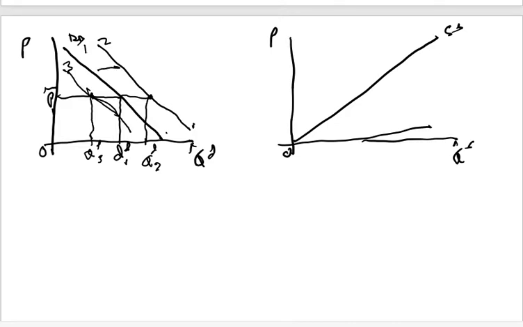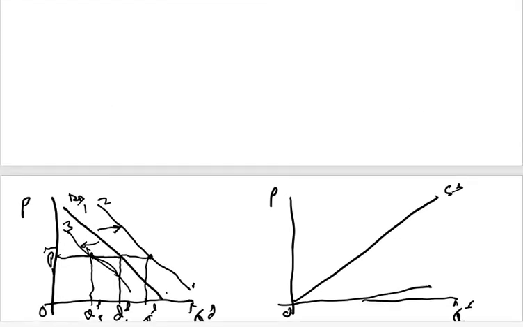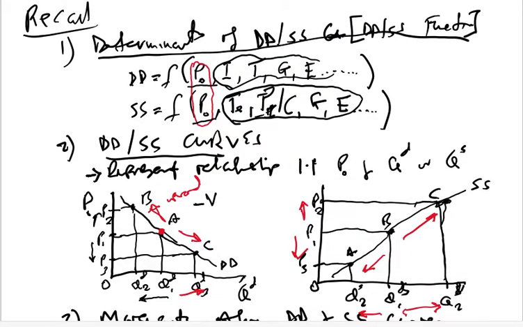We can call this a rightward shift, and we can call this a leftward shift. So a rightward shift is an increase in demand due to a factor other than price, because price is causing a movement. When these factors change in a way that they increase demand, then there is a rightward shift in demand. If they change in a way that they reduce demand, then the demand curve will shift to the left.